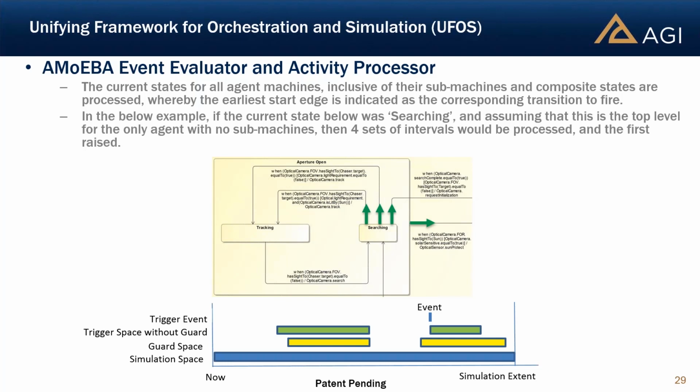We'll fire that transition, which does two things. If there's an action on that transition, like in this case, if you look at the one on the right, the one coming out of aperture open, maybe we're going to go into sun protect mode. So we would go into another state, or if I was coming out of searching, let's say going into tracking.